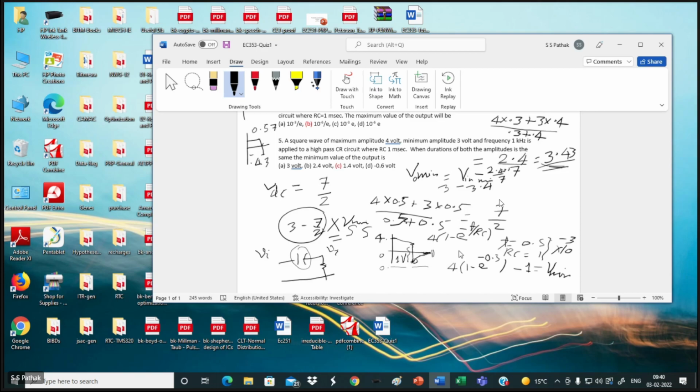Is the question not matching or what? No, actually, the capacitor voltage is that one, but the resistance voltage is decreasing. V into e to the power minus. Why? That's what I'm saying. V naught is initially my V maximum, equal to 4 volt. Initially it is 4 volt. Then if the capacitor is charging, this voltage becomes negative.